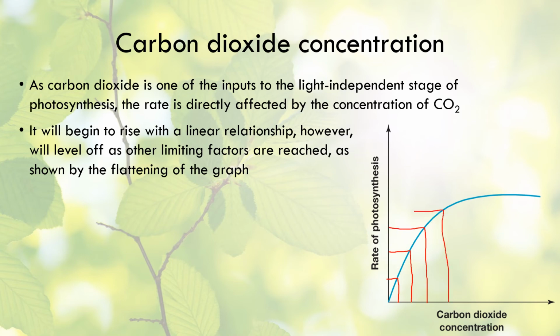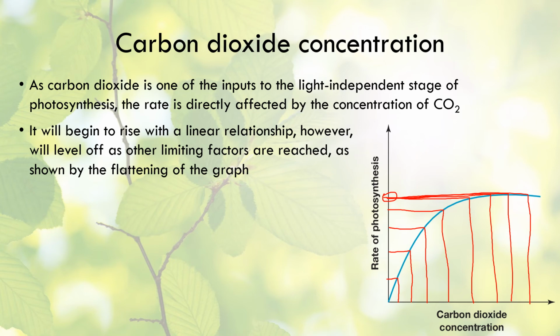And then we get to, my lines really aren't straight, but you get the idea. Look at this. Nothing happens at this point here. And it doesn't matter how much more carbon dioxide we give this graph, we've still got the same rate of photosynthesis occurring. So make sure you know how to read these graphs.